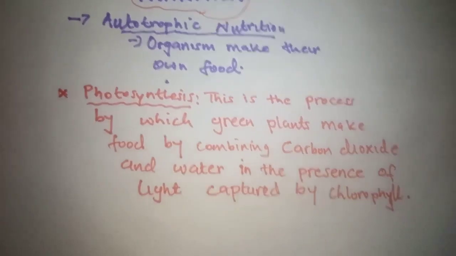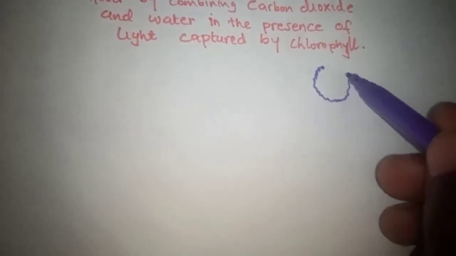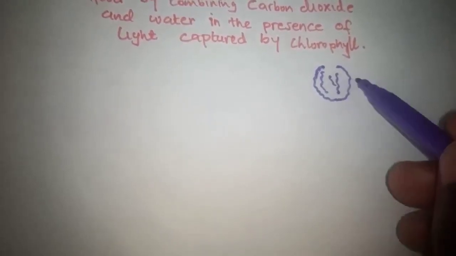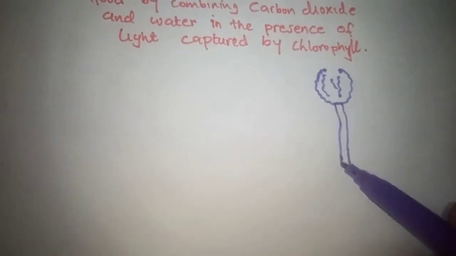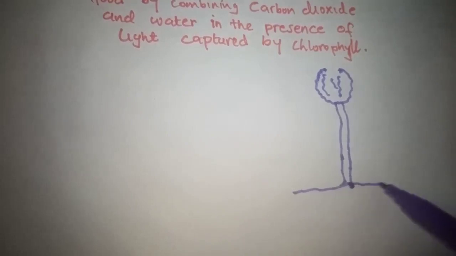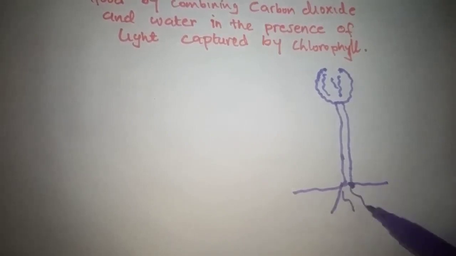Now let's look at what really happens in photosynthesis. You have a plant here. This is the stem of the plant, this is the ground, and you've got roots.